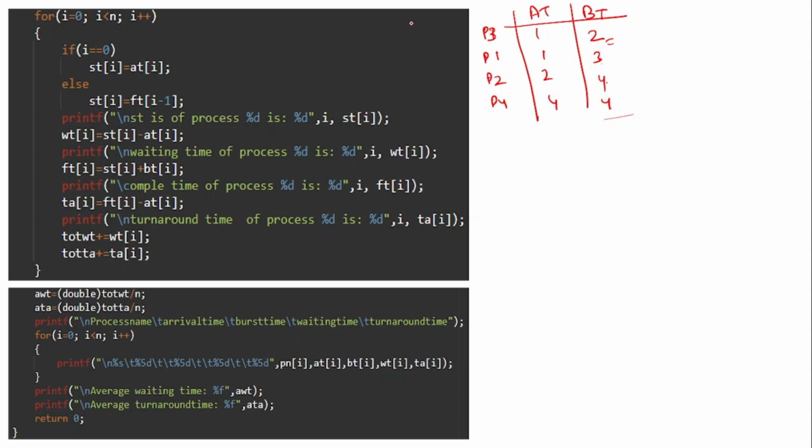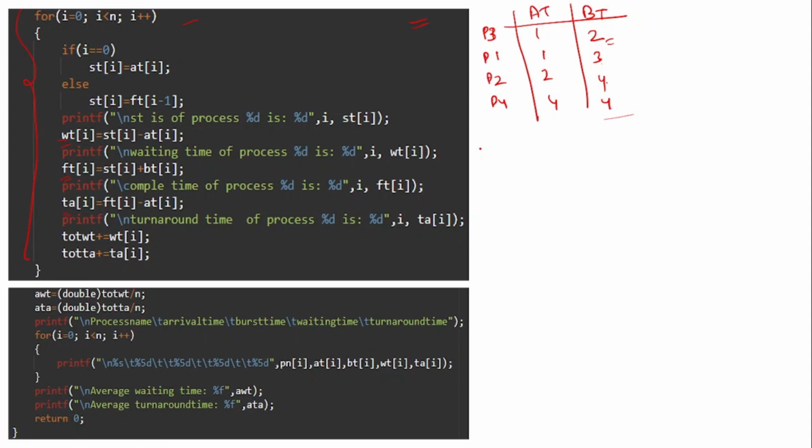Now how the logic is here. This logic computes the waiting time, the finish time, the turnaround time of each and every process. Now how is that done? We run a loop here. So for i equal to 0, I have st0 is equal to at0.